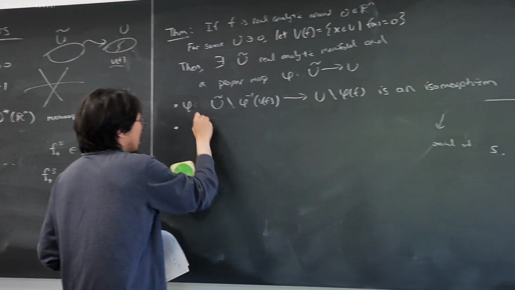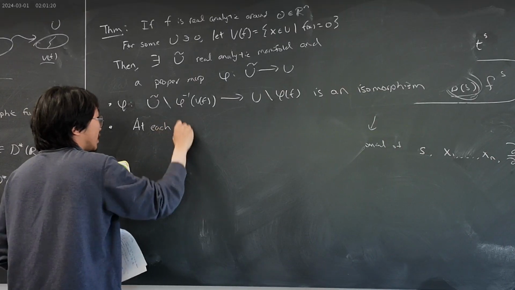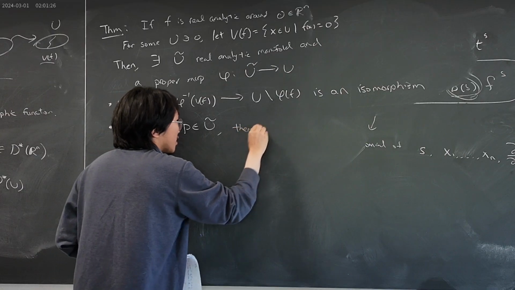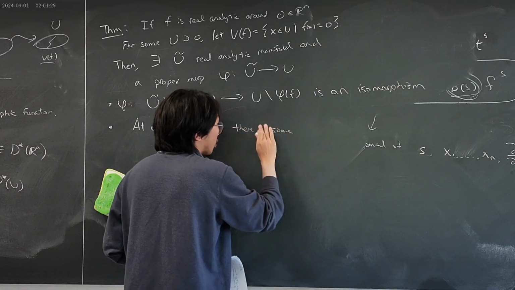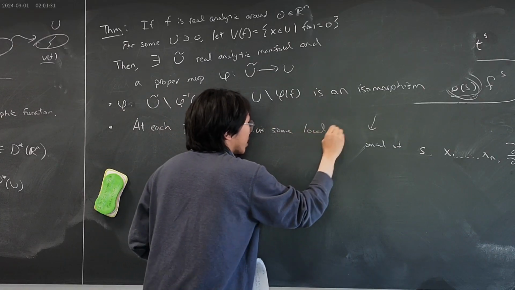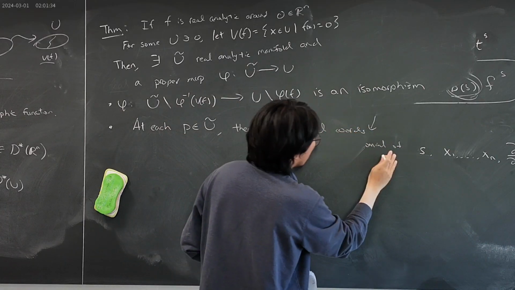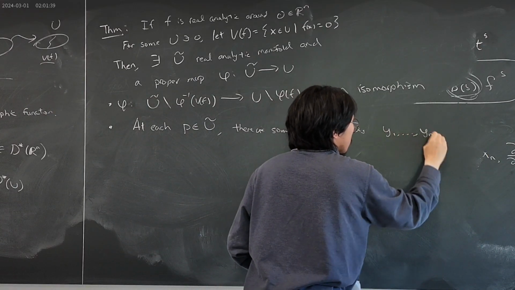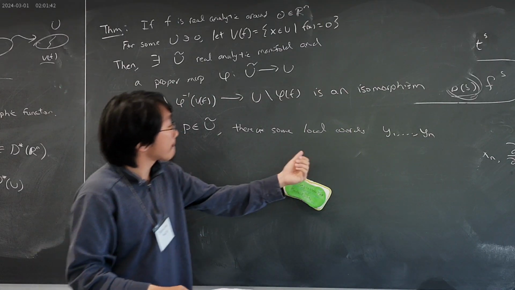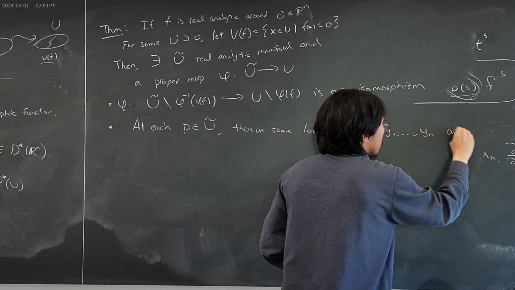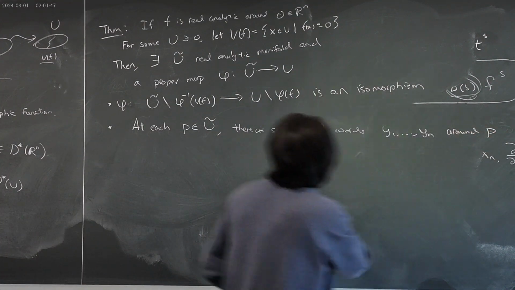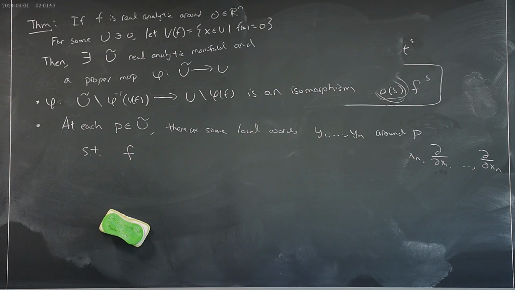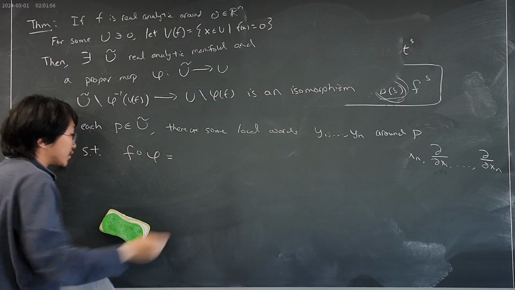Let's say at each point p in U tilde, there are some local coordinates for our n-dimensional manifold around the point p, such that if we take f as a function on U but pull it back to a function on U tilde, then this takes the following form.